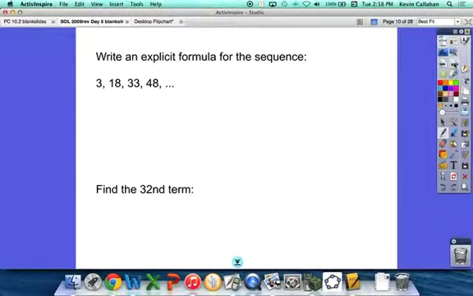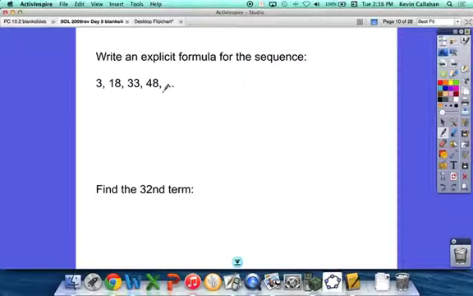Okay. So write the formula for this sequence. Is it arithmetic or geometric? It looks like, yeah. So how do you check? You subtract. And what do you subtract? Do I subtract 3 minus 18?